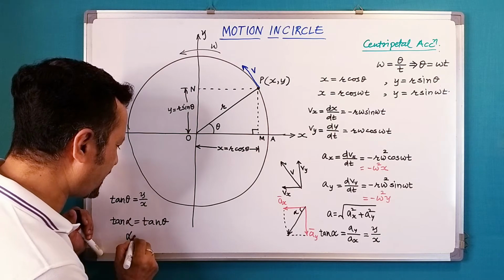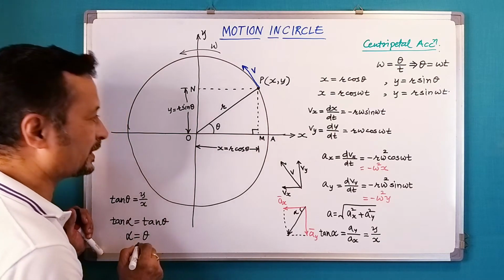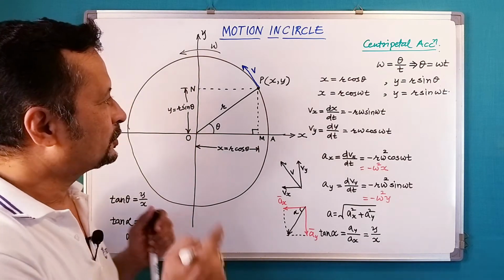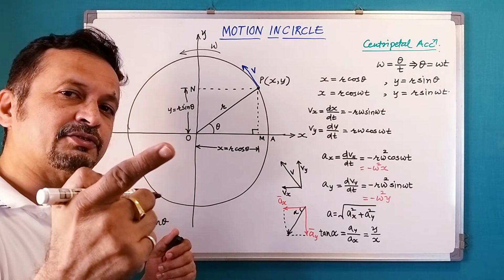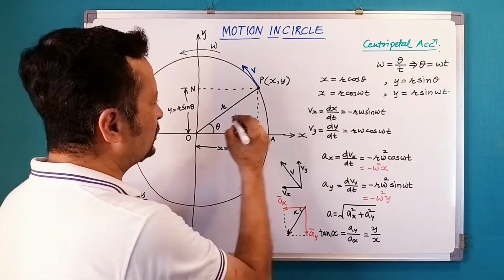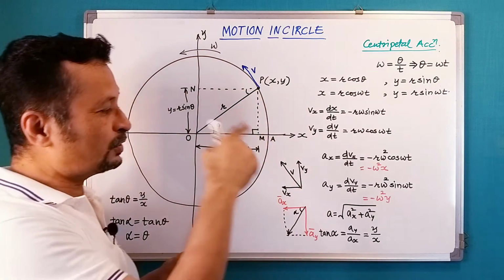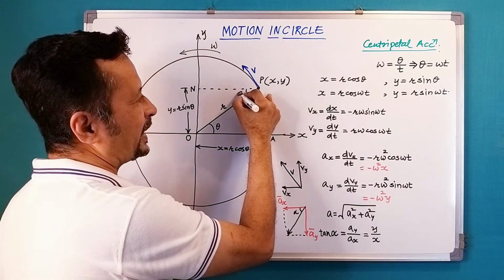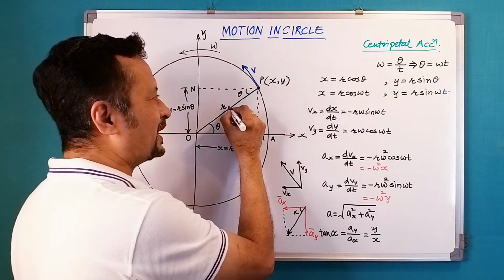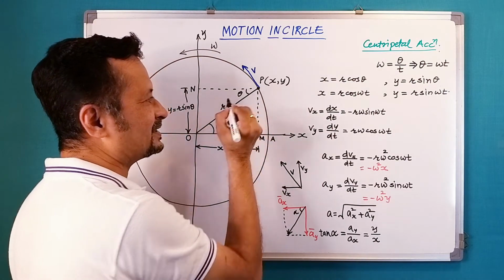That means angle alpha is equal to angle theta, isn't it? So in which direction is the acceleration acting? It is acting like this. If this is theta and this is also theta, which was alpha over here, then my acceleration is acting in this direction.